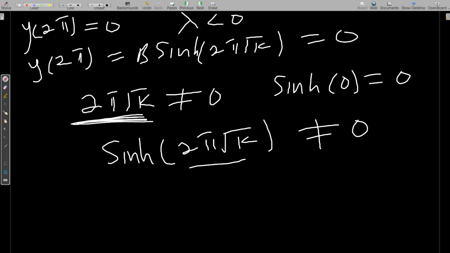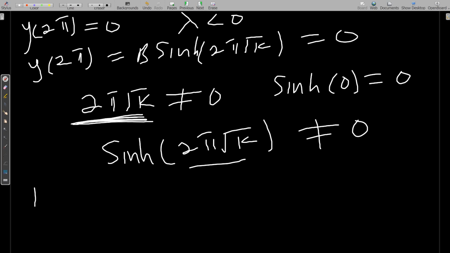But that part is also not equal to 0, because we've already declared that lambda is less than 0, meaning the square root of k here is never equal to 0, and then we won't have a 0 in the sinh argument.